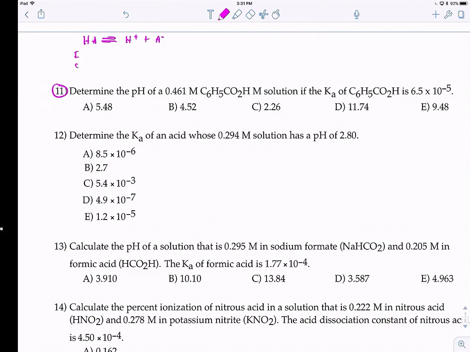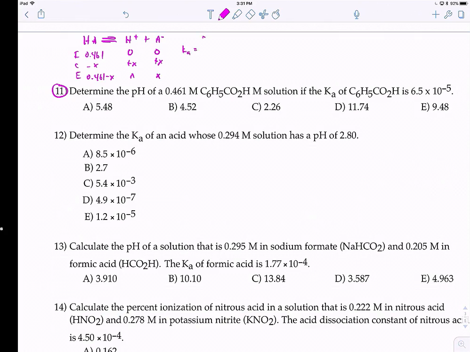So initial, change, equilibrium. So this is 0.461, 0, 0, shift right, minus x, plus x, plus x, 0.461 minus x, x, x.